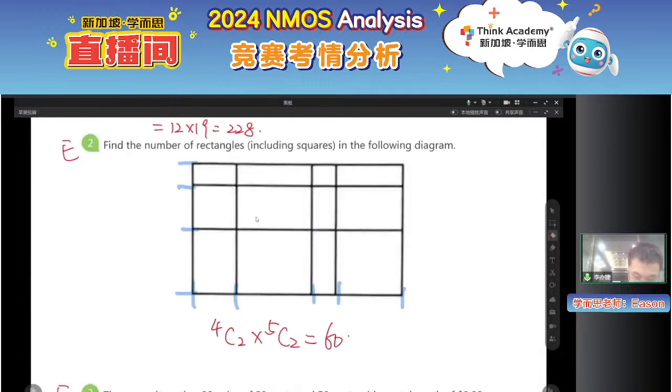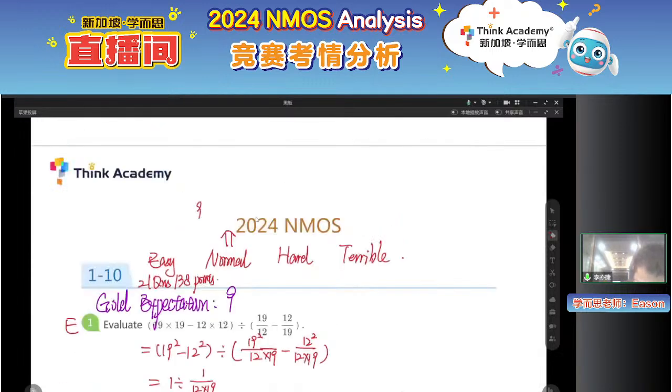So we have 9 normal questions. And for these questions, how many scores? 1 and 4, 5, 5 and 12, 13, 17, 21 points. 21 points for normal ones. And the terrible one, only 1 question, which is 4 points.